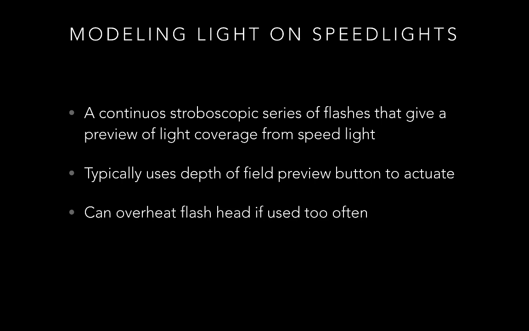Now this can overheat the flash head if you use it too often. Honestly, I never use it, but when you're first beginning with off-camera flash and you want to get that effect, you can do that. Not all models have this function, so you might buy a less expensive model that doesn't have it.